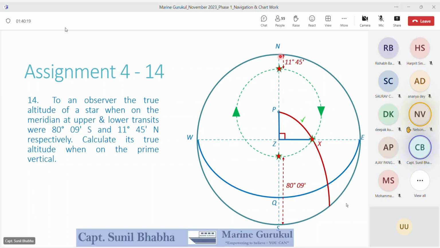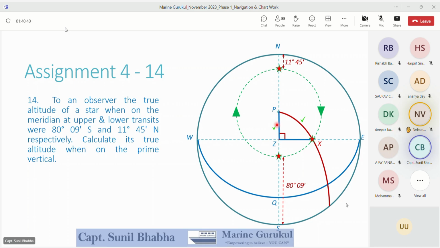And this NP is the elevation of the pole and equal to the latitude of the observer. Once NP is obtained, we can also find PZ. PZ is the colat, 90 minus latitude or 90 minus NP.